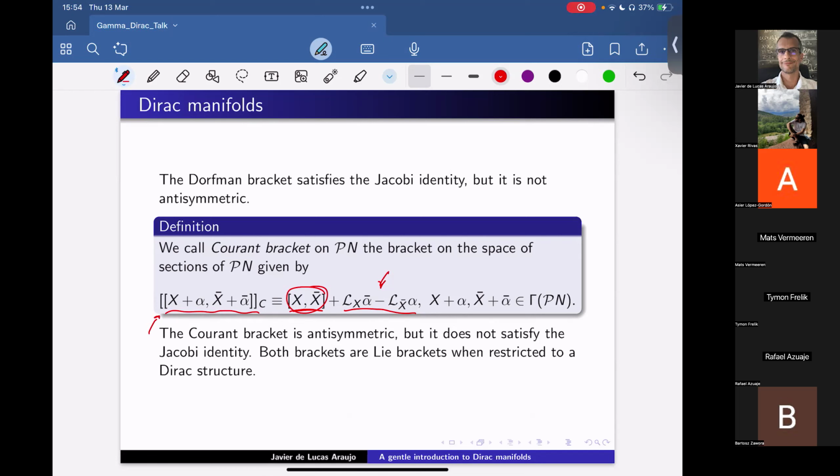And if you define a certain subbundle by means of a general bivector field, this will be integrable if and only if the bivector field is a Poisson bivector.